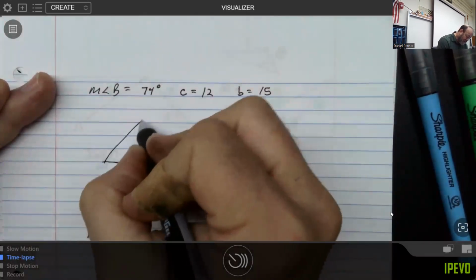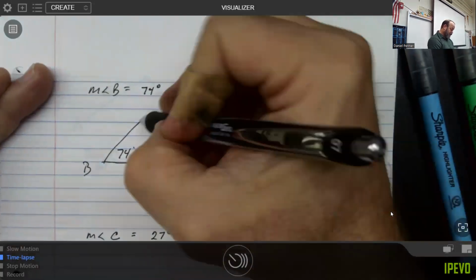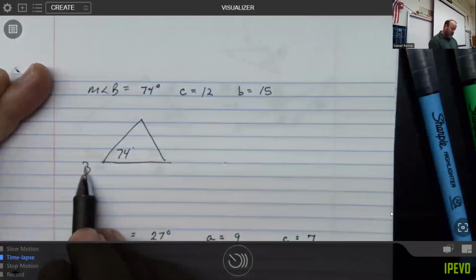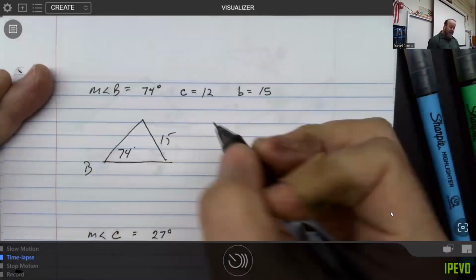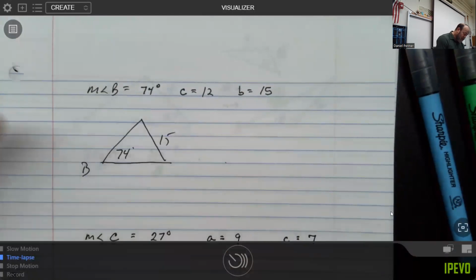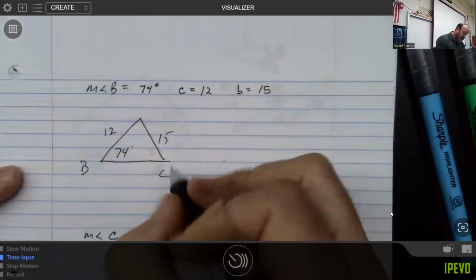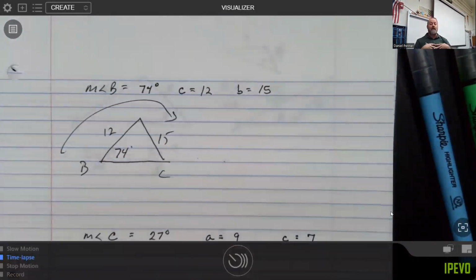So here is a 74-degree angle, that's B. The side across from B is going to be 15. And for me, this is how I choose, I like to make this one C. So it goes angle, side, side. That's just how I visualize these problems the best.